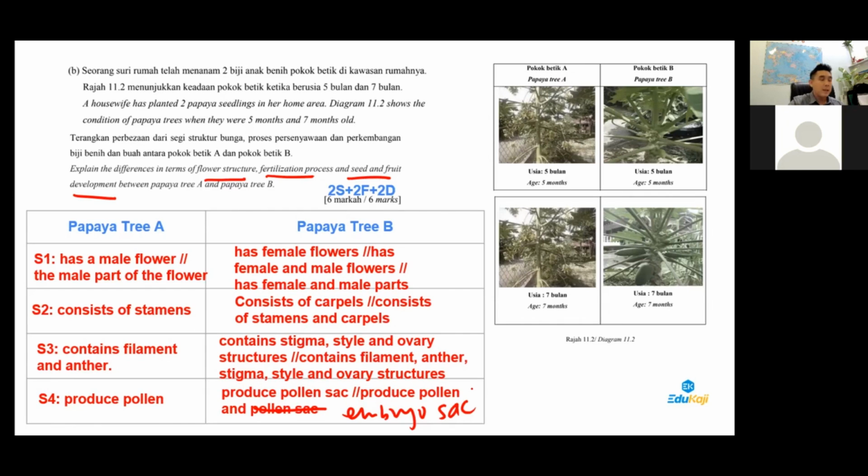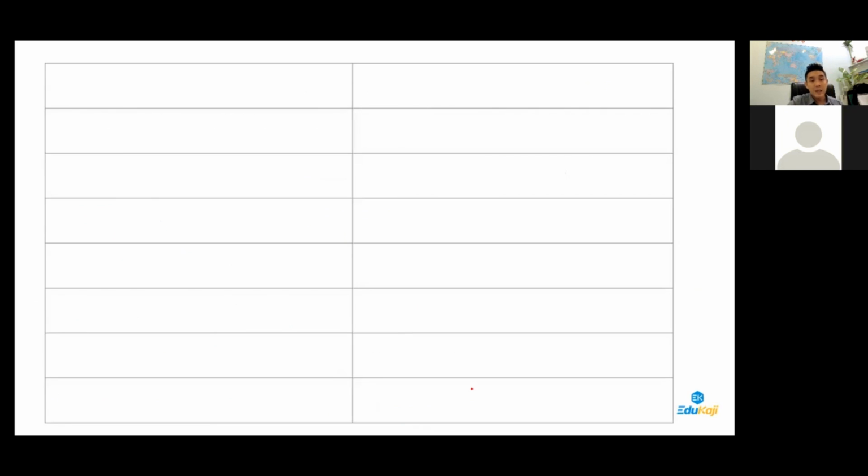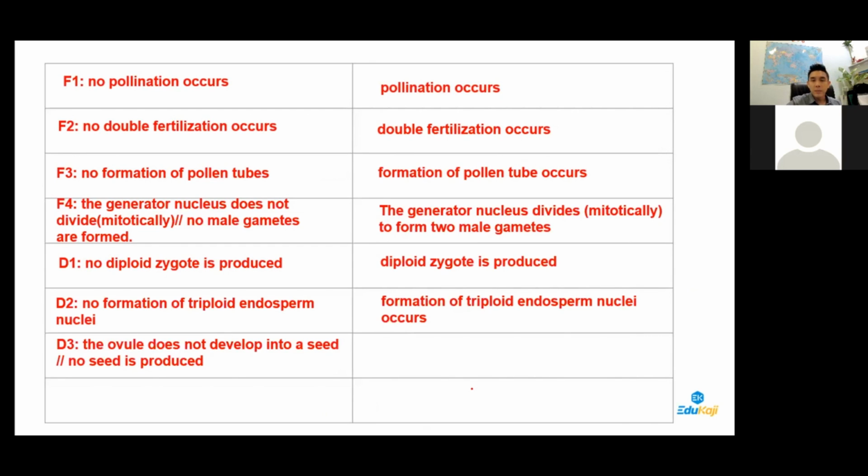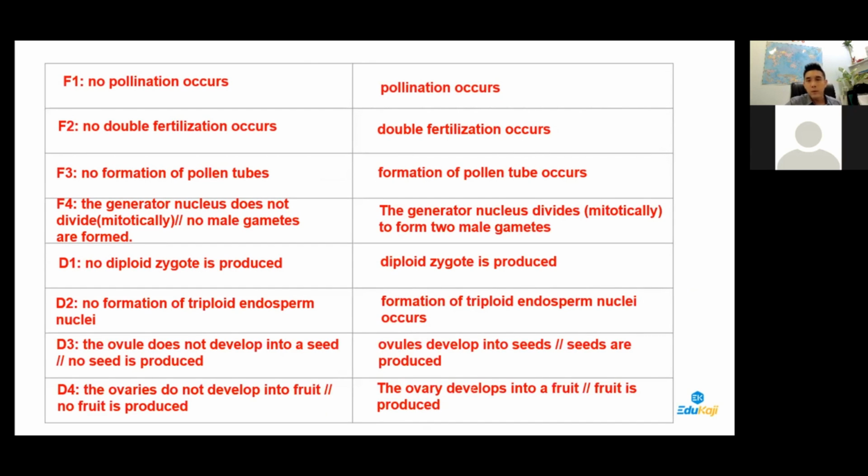Okay, that's not done yet. Because there's only a male part, there's no pollination, but when there are both male and female parts, pollination does occur. No double fertilization, this one has double fertilization. No pollen tube, this one has a pollen tube. The rest are all points to do with double fertilization.